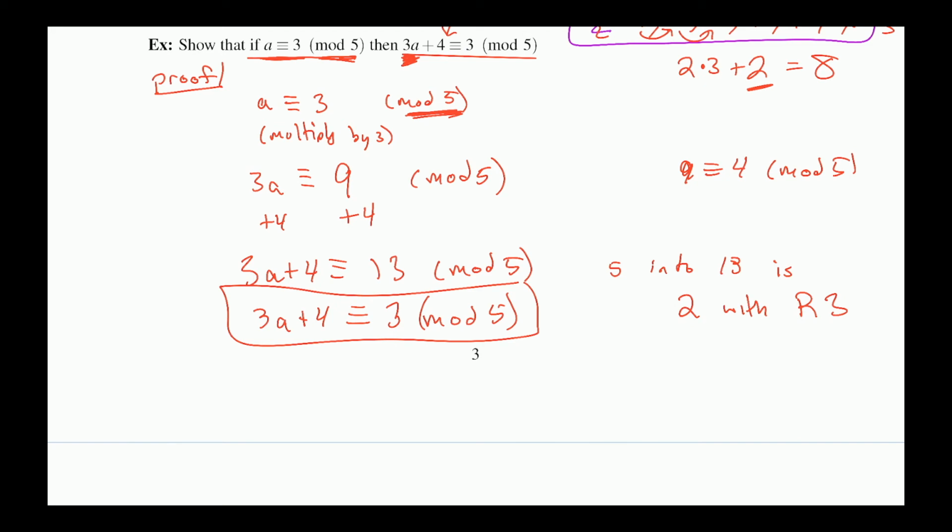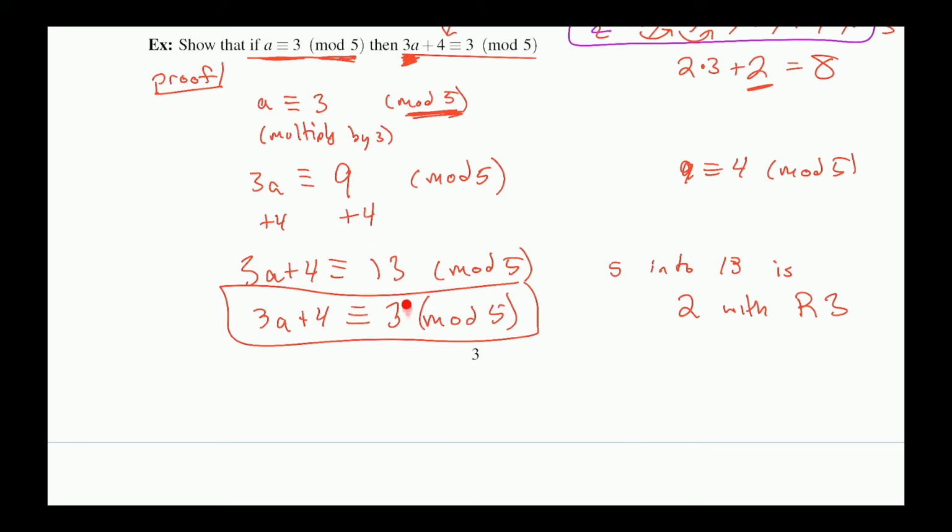And so what was the point of this? The point of this was just, I was trying to help you understand that if you write something like this, it looks like an equation. It looks like a equals 3. And actually, it follows a lot of the same rules. Like you can multiply both sides by a constant, which we did. You could add a number to both sides, which we did. And then you can simplify.